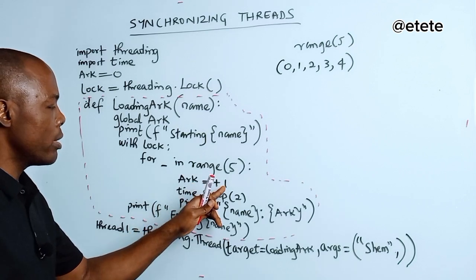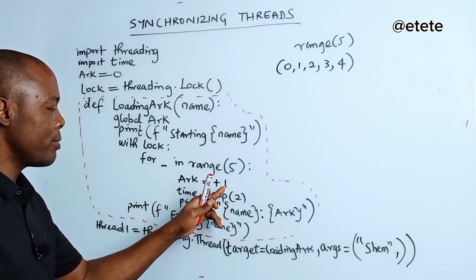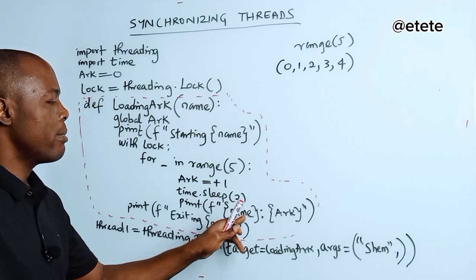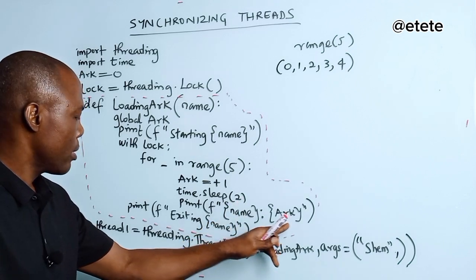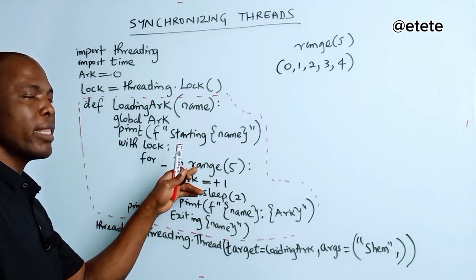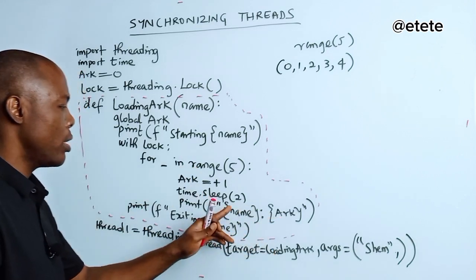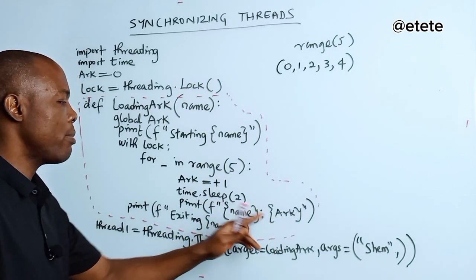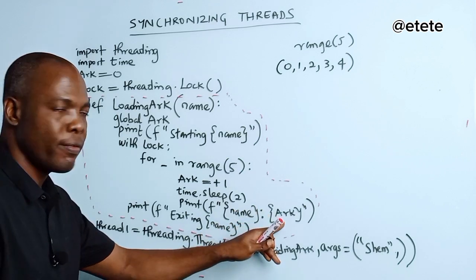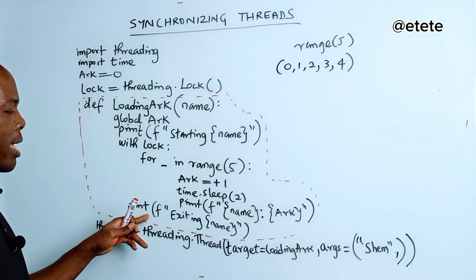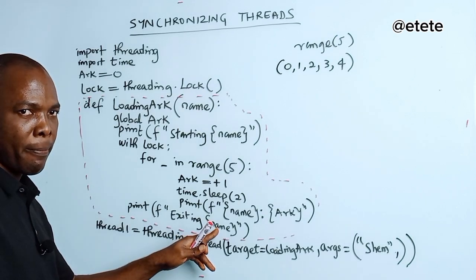The arc will increment by 1. It will sleep for 2 seconds. Then it will print out Shem 1. Then it will go back again and reiterate. It will print out Shem 2, Shem 3, Shem 4, Shem 5. Then it will exit this loop and come up to this one and print out exiting Shem.